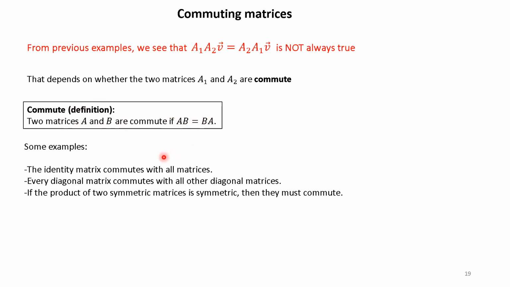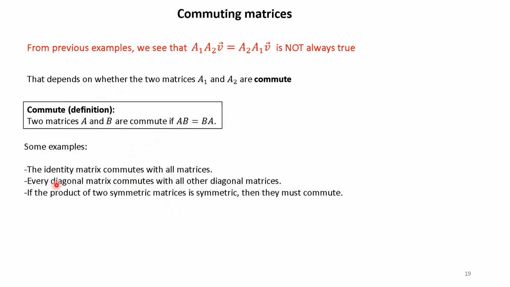And here are some examples. I won't talk about the proof, but the first two are actually very easy. The identity matrix commutes with all matrices. Of course, it is the case, right? The identity matrix is just 1, 0, 0, 1.